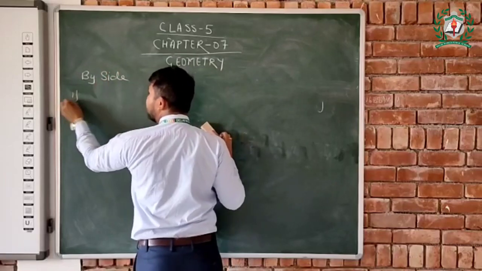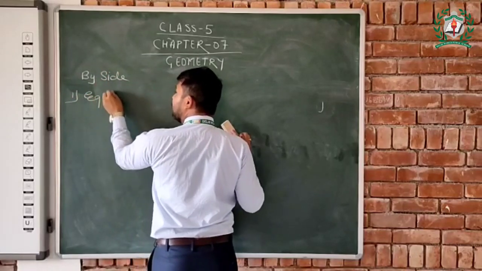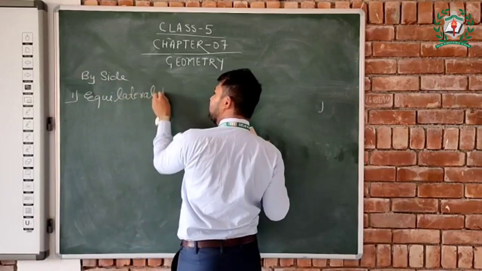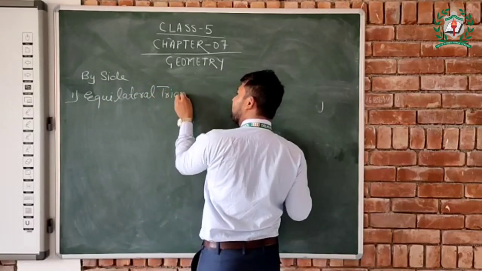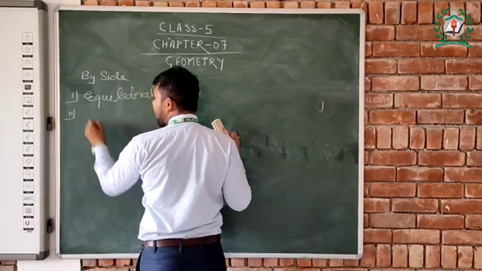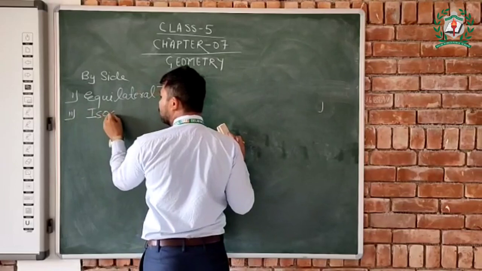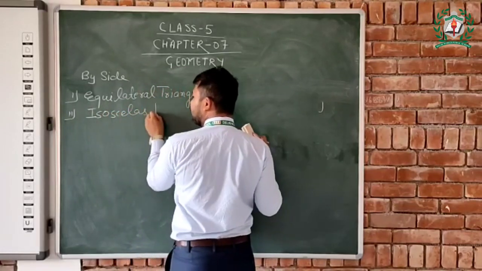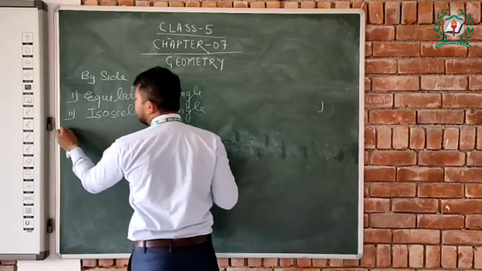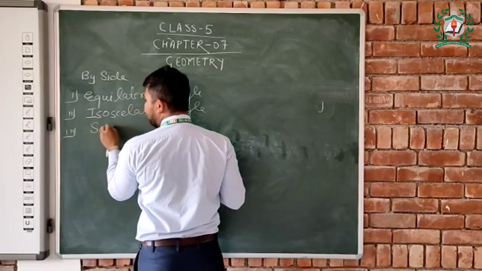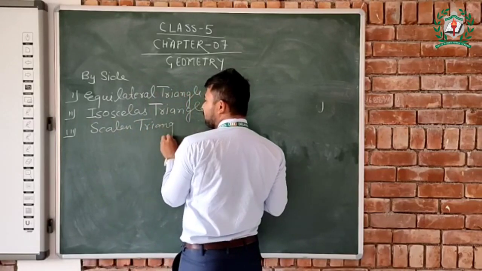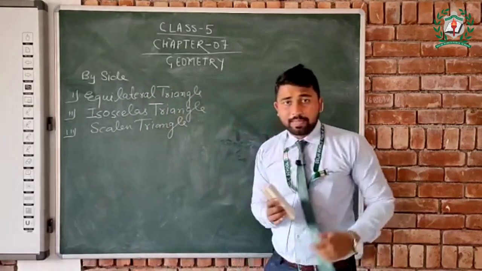By sides, the first one is the equilateral triangle, the second is the isosceles triangle, and the third is the scalene triangle.